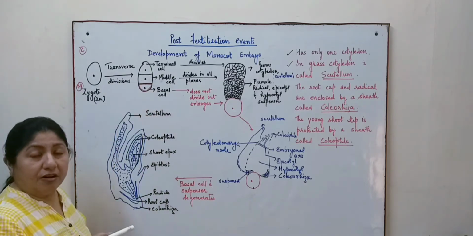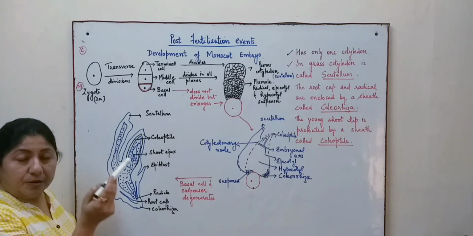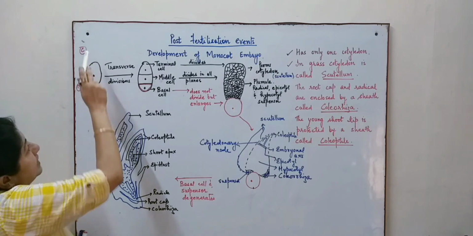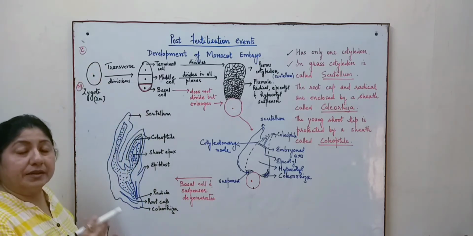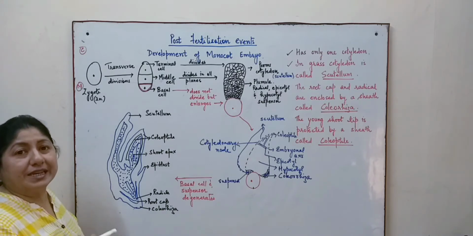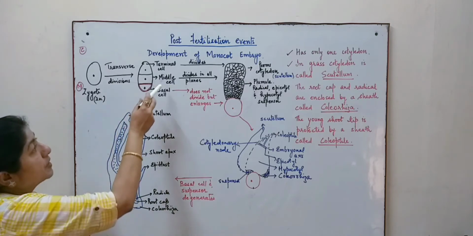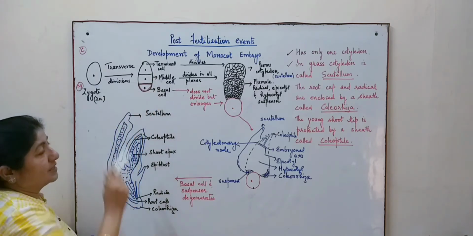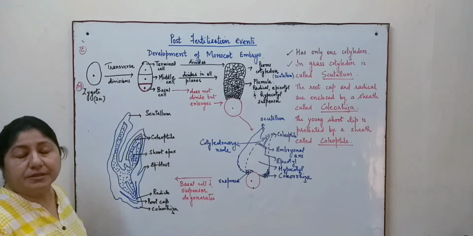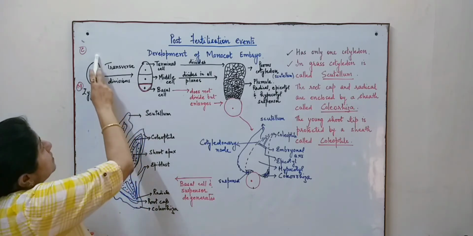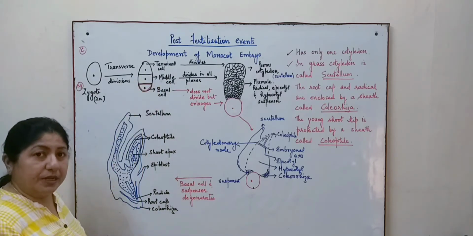Now in dicot, if you recall, there is formation of two cells, the terminal cell towards the chalazal end and the basal cell at the micropylar end. But the development of the embryo in monocot is different from that of dicot, because here we have three cells. The cell towards the micropylar end is named the basal cell, whereas the one towards the chalazal end is named the terminal cell.